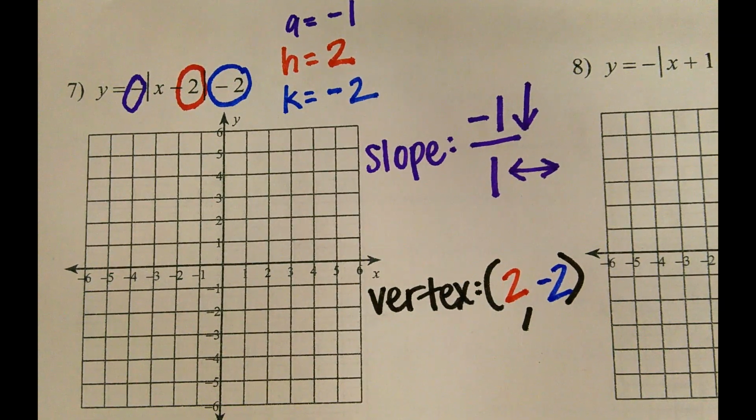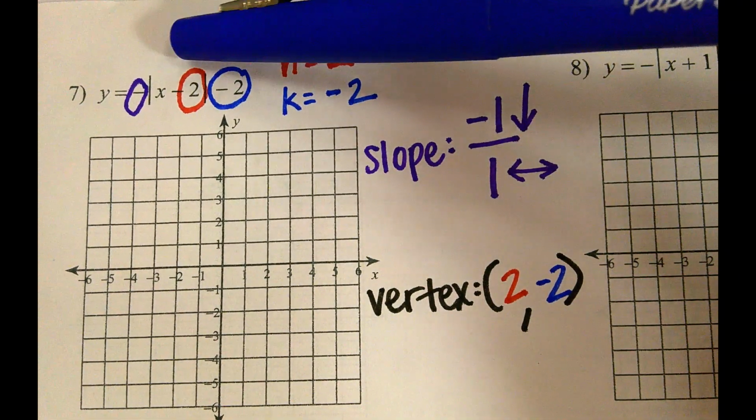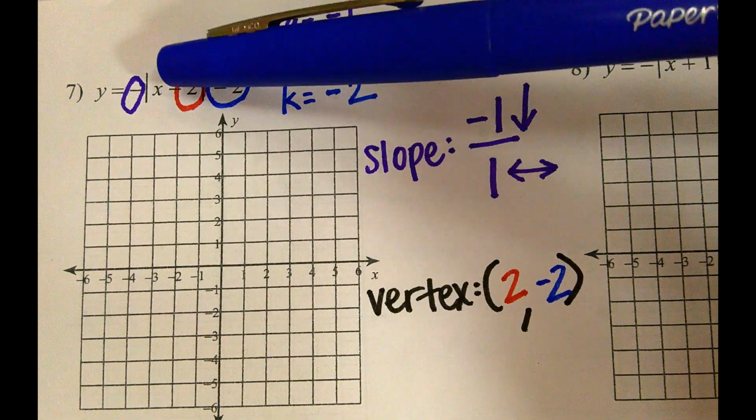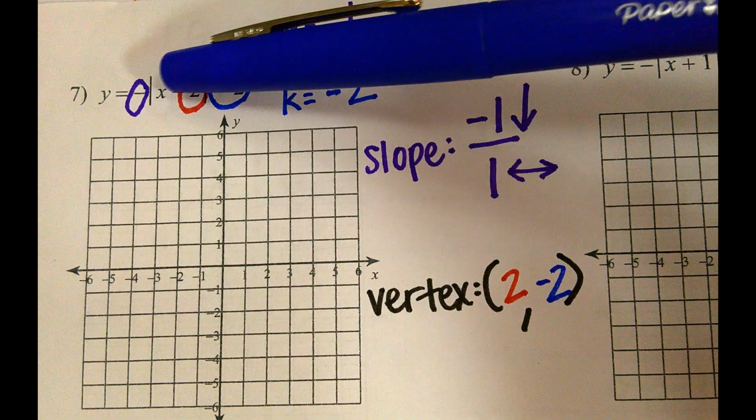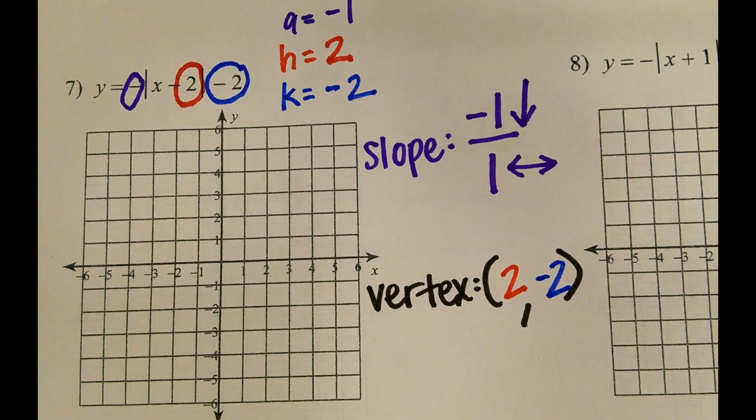Yeah, I have -2 first. I gotcha. Yeah, this one's kind of tricky because they're both -2, but we got to remember H is the one that changes the sign. K stays with whatever sign is on it. So I have everything I need. Slope and vertex, that's the only 2 things you need to graph.